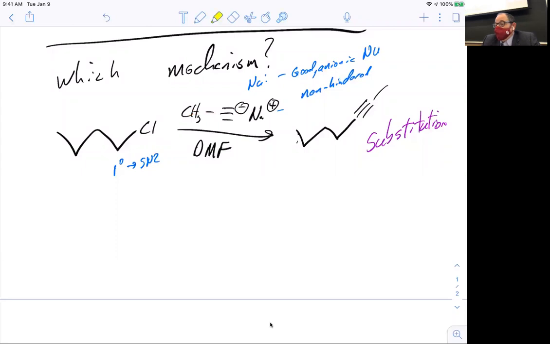Then our leaving group, chloride, is a good leaving group, right? We don't have to activate it. Halides are good leaving groups. You'll see them lots. And then we can look at our conditions, right? Solvents are usually underneath the arrow. So this DMF is dimethylformamide.